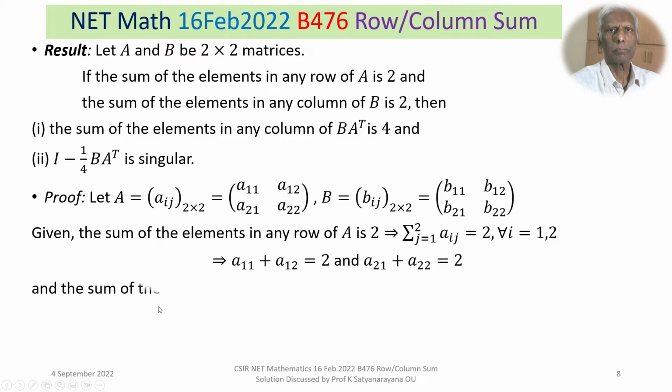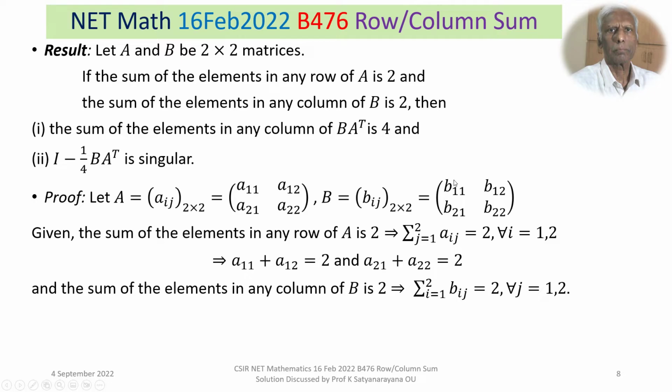And the sum of the elements in any column of B is 2. So B11 plus B21 is 2, B12 plus B22 is 2. So that is the hypothesis we have, and from this I have to prove these two results. We continue in the next slide.